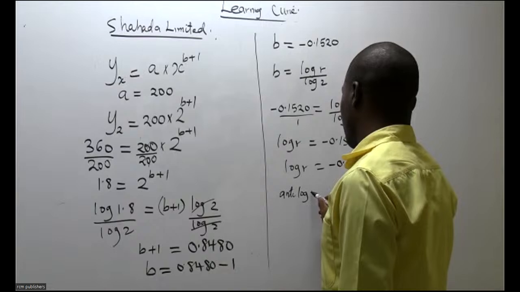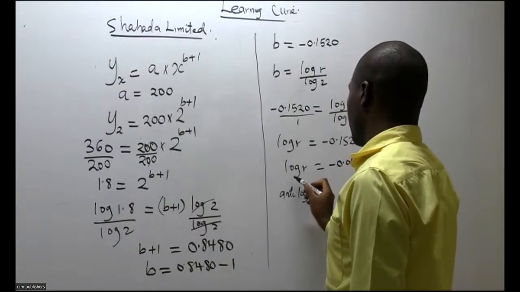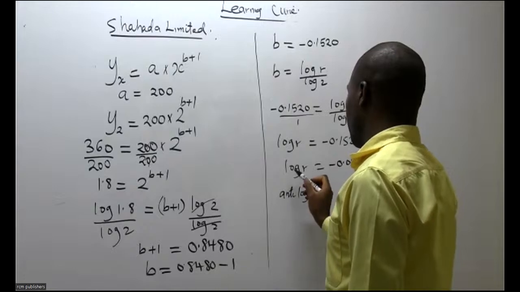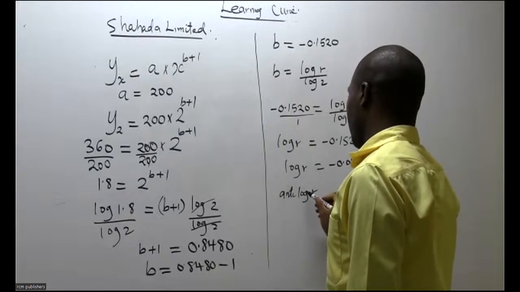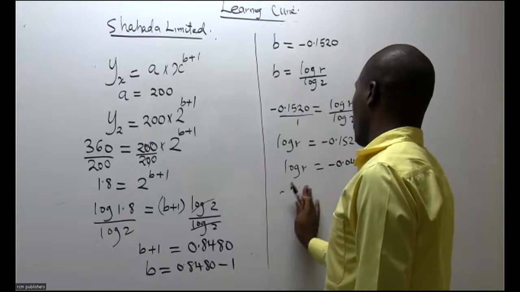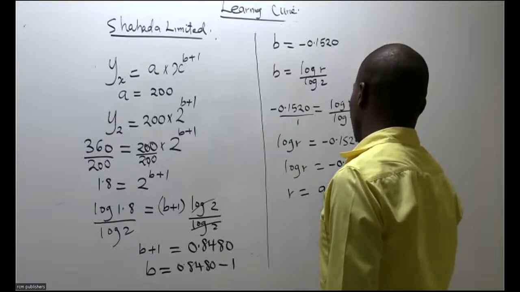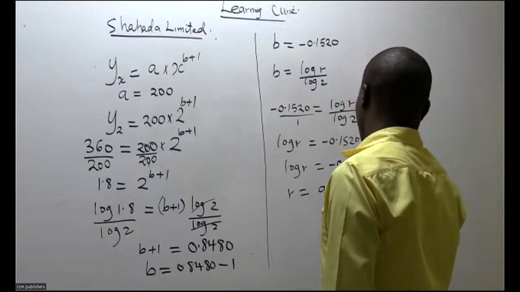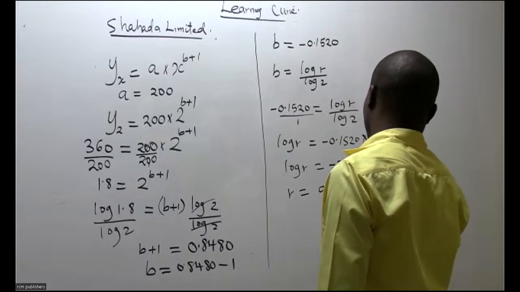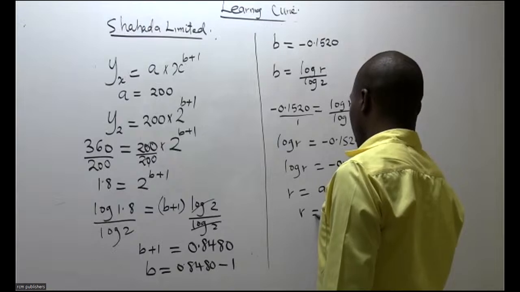So divide both sides by the anti-log and you'll be able to get your R. The anti-log of log R, or R, is equivalent to the anti-log of negative 0.04576.